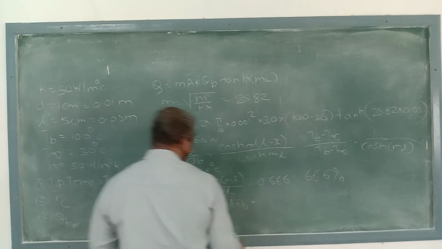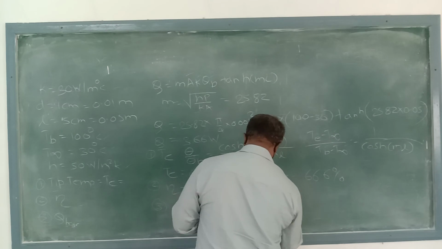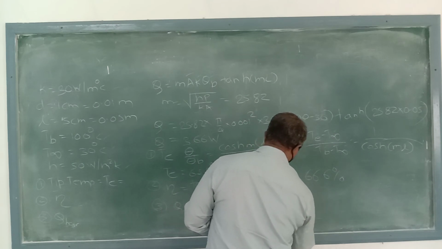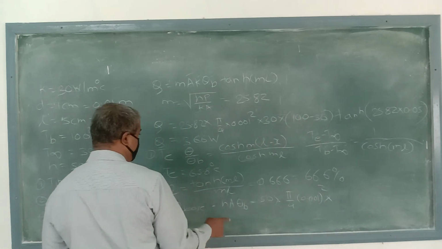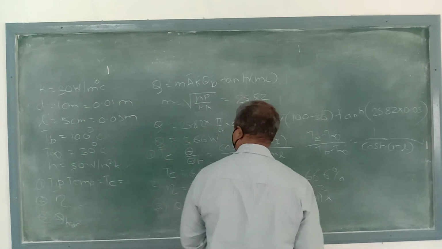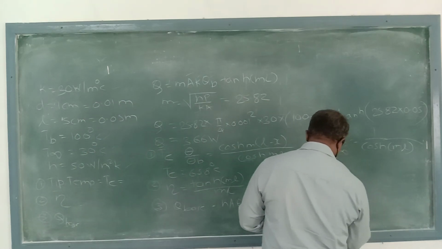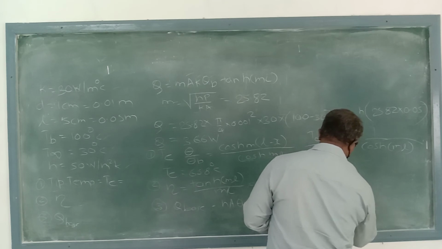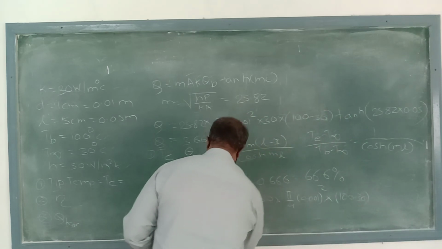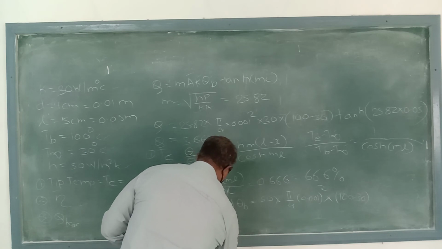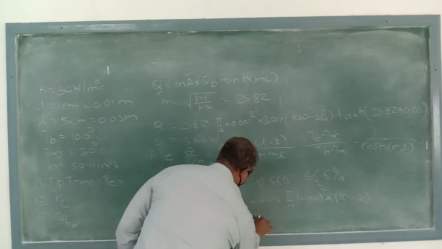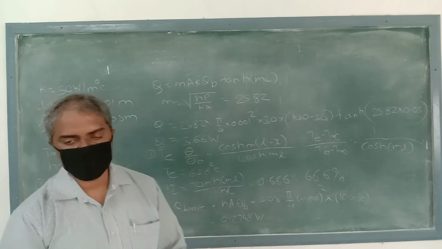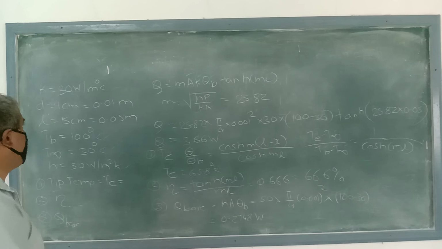So the value of h is 50, area we can write 5 by 4 into 0.001 square, theta b as we have written over here, 100 minus 30. So we can get the value 0.2748 watt.